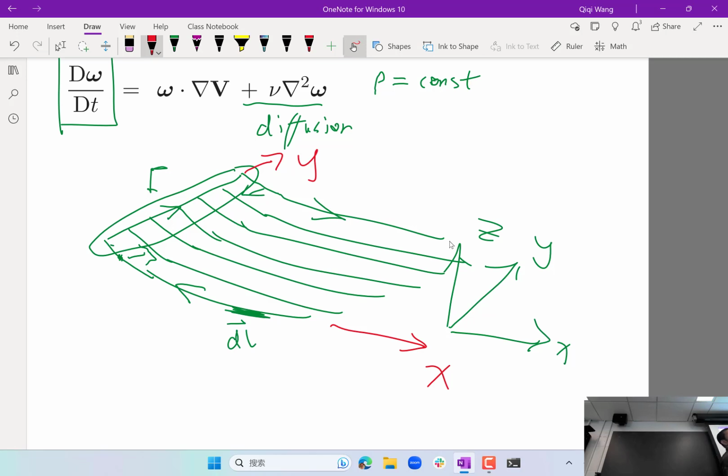That's not in the same direction as dl. If this vortex is straight, then r is in the same direction as dl, and the cross product would become 0. But if this goes down first and then goes in the x direction, then the cross product is not 0.